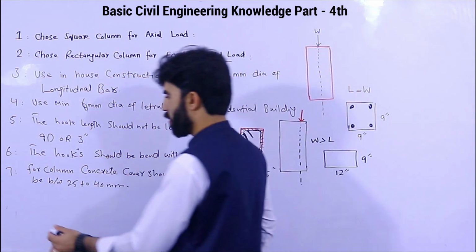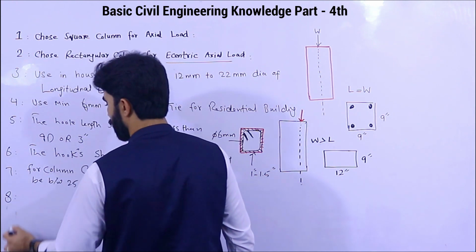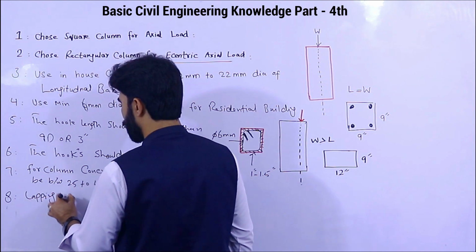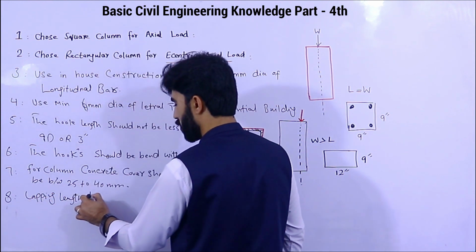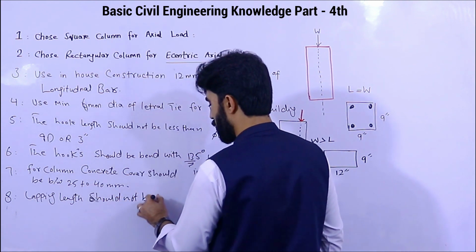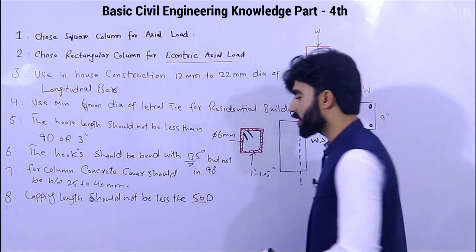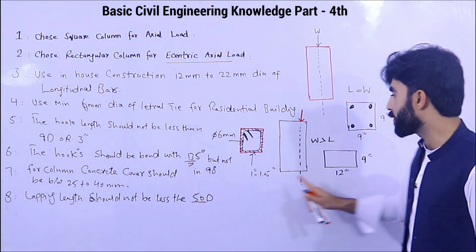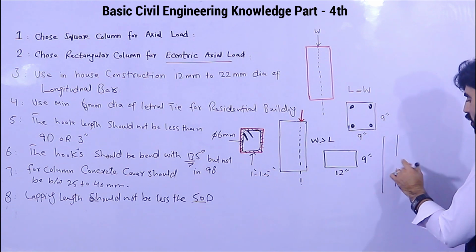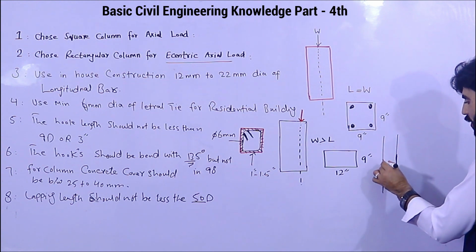Now guys, remember rule number 8. The lapping length should not be less than 50D, where D is the dia of steel rod. Guys, you can see this is one steel rod, this is the other one. So here we are providing lapping length, where one steel rod connects with the other one.